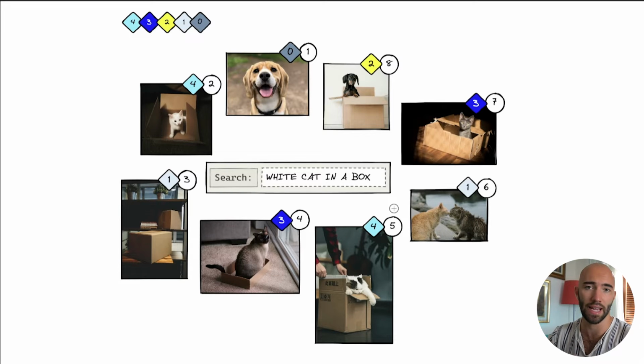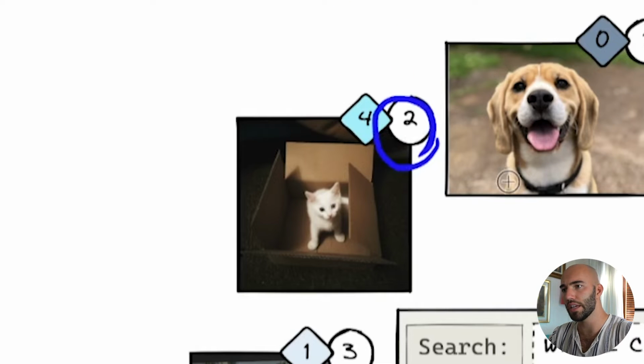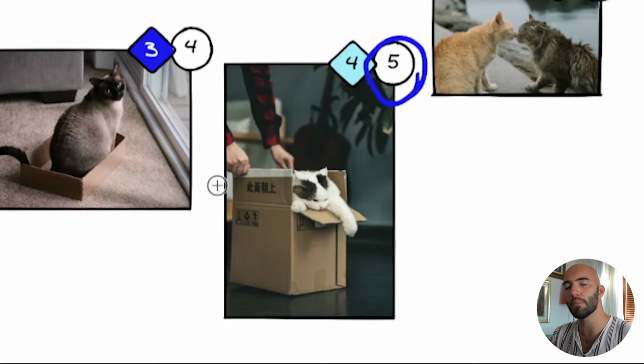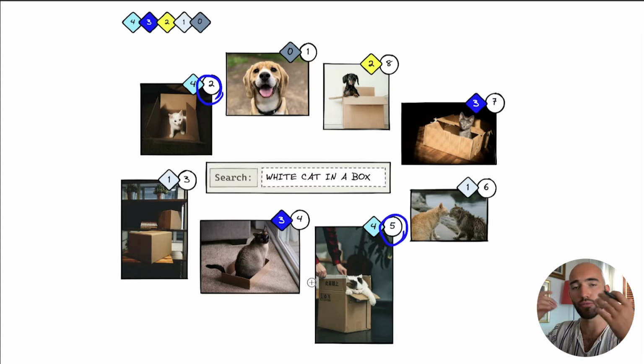Now we're looking for a white cat in a box. We have two items that are super relevant because they are white cats in boxes. We have number 2 over here and number 5. They're both white cats in boxes. They're perfect. So the relevance score for those, we've assigned both of them a 4, which is the most relevant an item could be for that particular query.